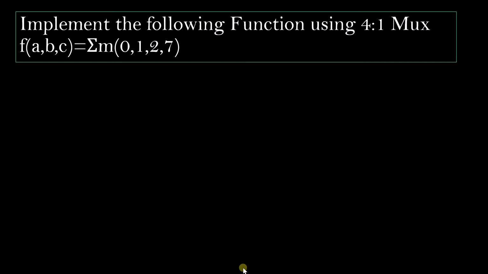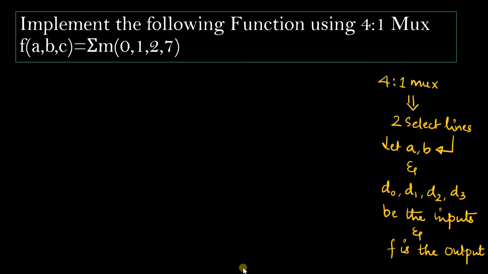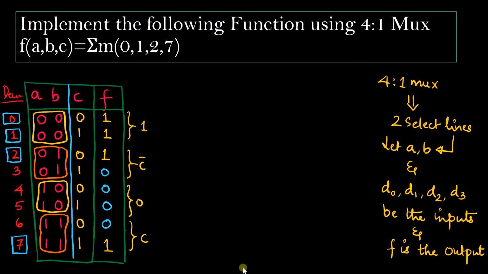So let me consider the select lines to be A and B, and then implement the function. What I'm going to do here is draw a truth table wherein I have AB as the select lines and C as another input combination and F is the output.